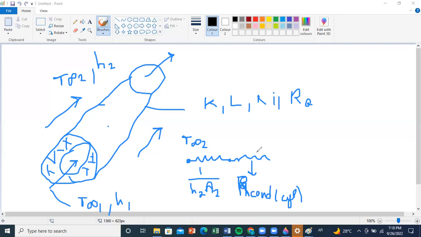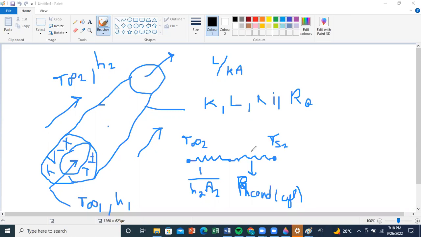If you go back to the course material, we derived that it's equal to L over Ka, okay? However, for a cylindrical rod, it will be different and we'll find it together. We'll see how to find it. So I will call this temperature, if you want, T out, or T surface 2.